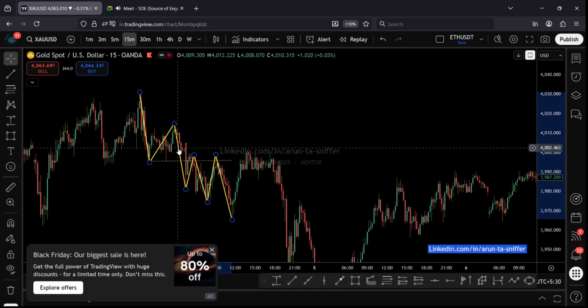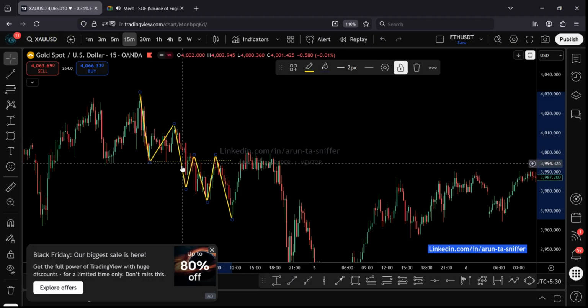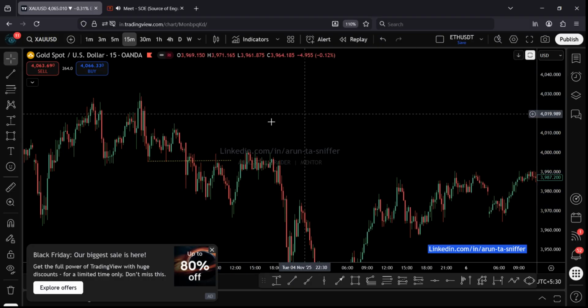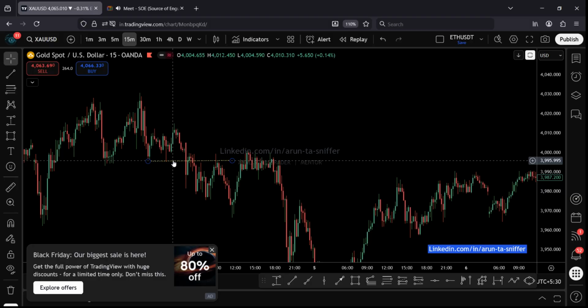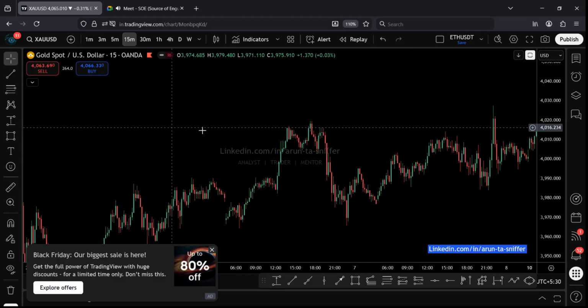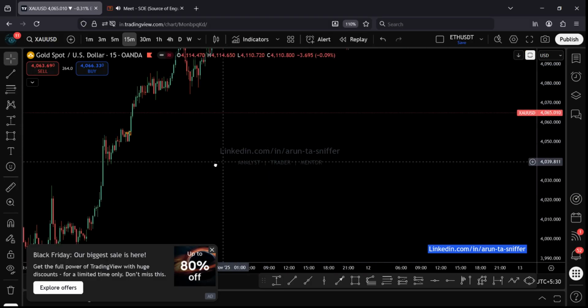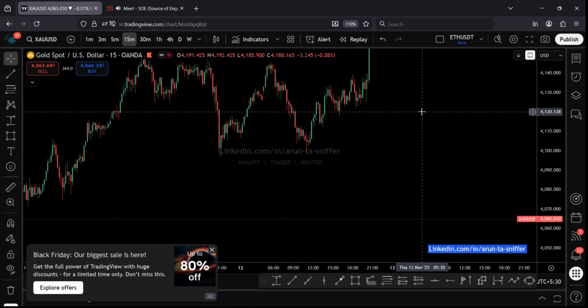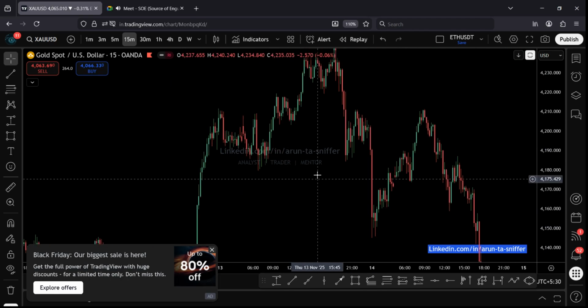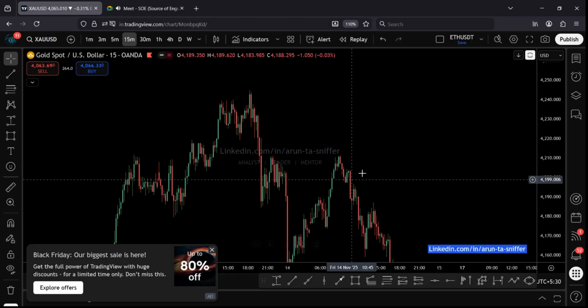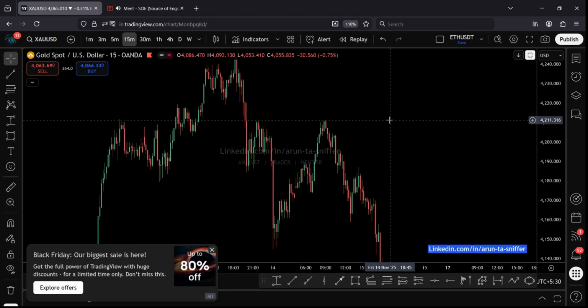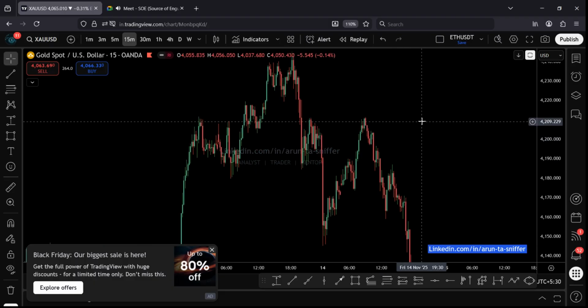Okay, let's delete this, and now we will see an example of source of engulf in DP. So let's go and find a DP which has been hit by the price. Okay.